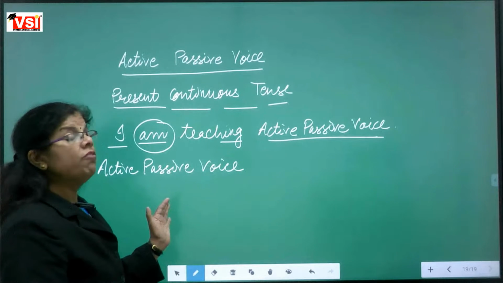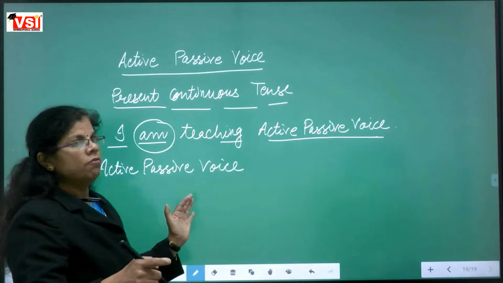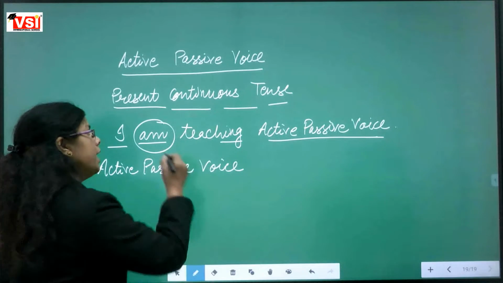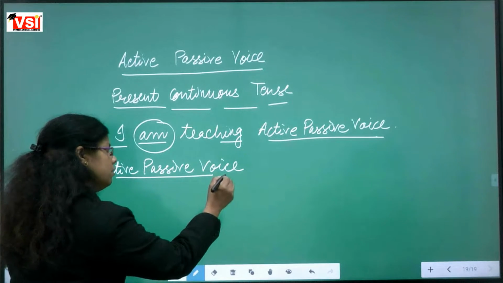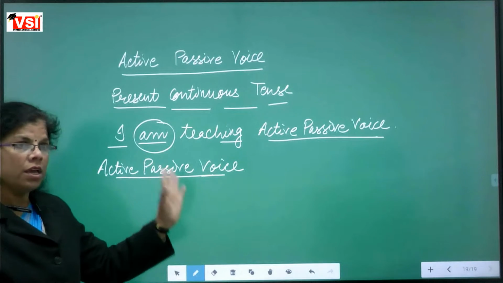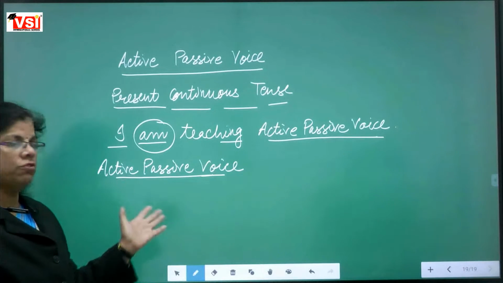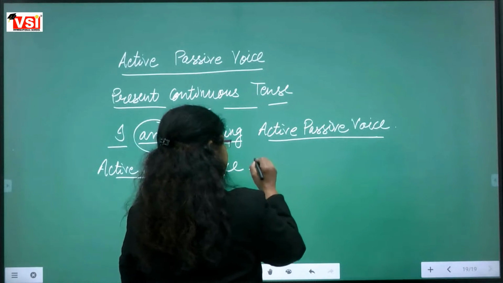First form. First form of be will be used. And here we are having present, and this is singular. So we will use is, am or are. What will be used with it? Is will be used because it is singular.